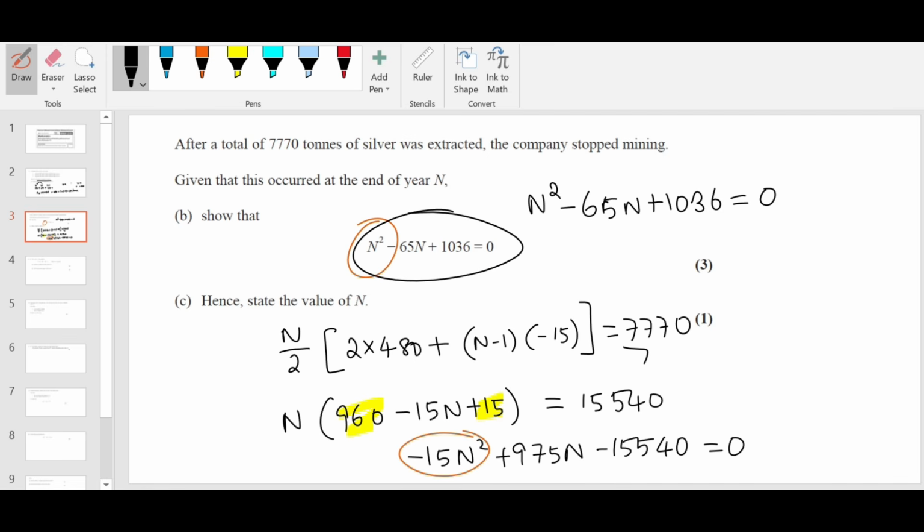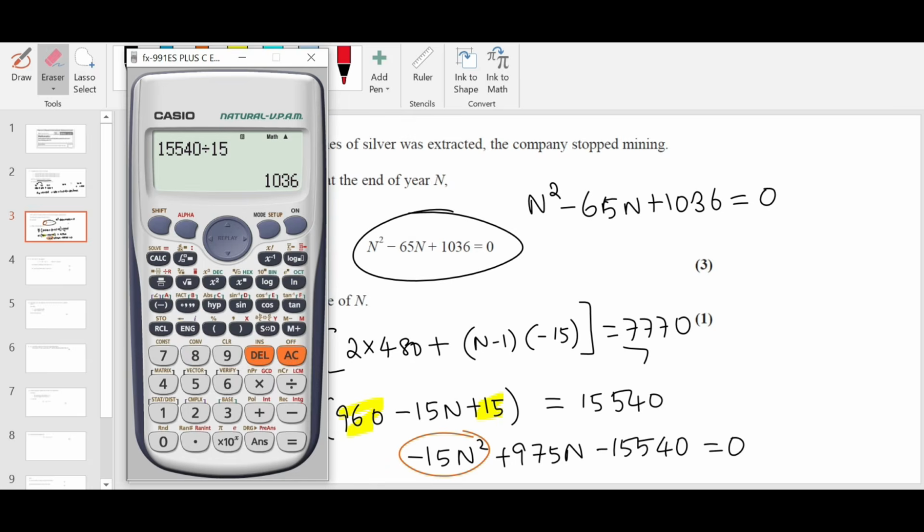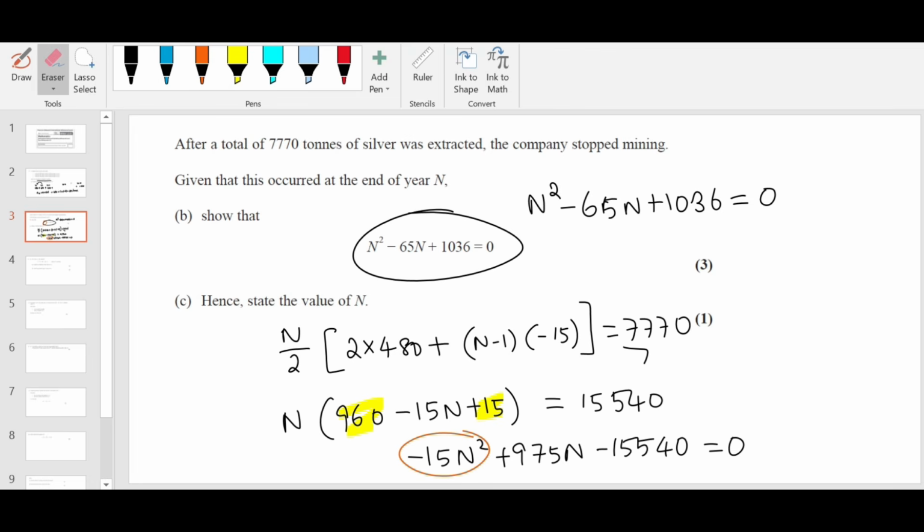We framed the equation already. It's a 3-mark question. Now state the value of n is a 1-mark question, so you can straight away use the calculator, go to equation, quadratic, 1, minus 65, 1036, and you get 37 and 28. Always take the smallest number, so you just need to mention n is equal to 28.